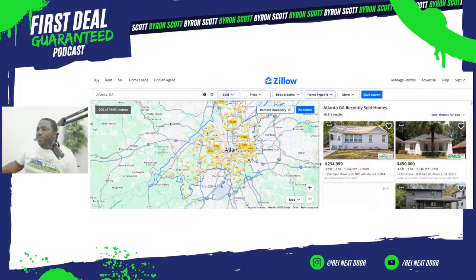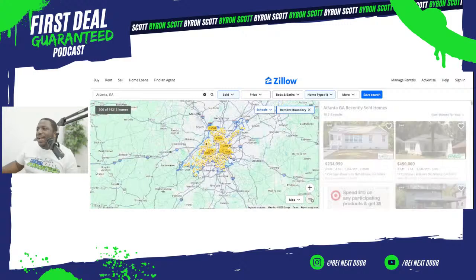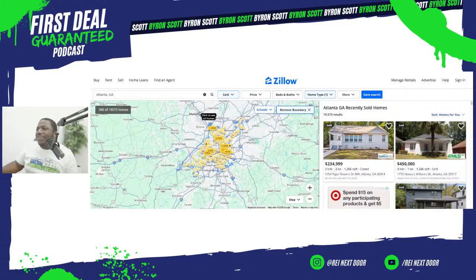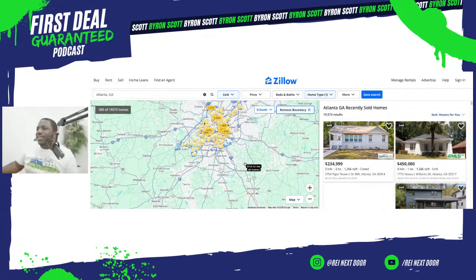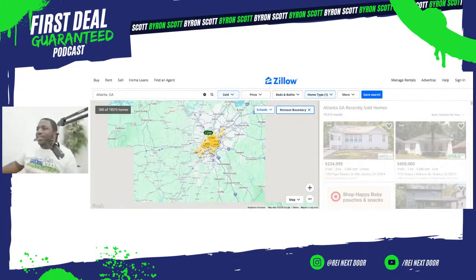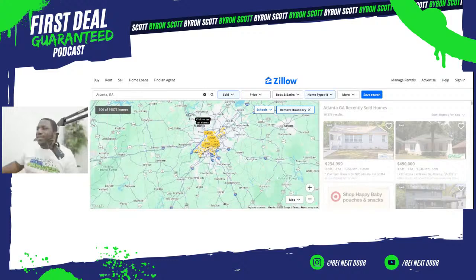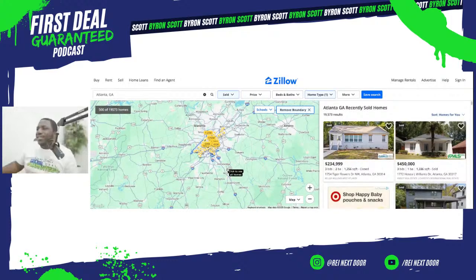So what happens is you have cities that are right along the interstate. They ride along 20, or you have cities that are right along 75, and whatever interstate runs through your town or your city. Most of the places where I've wholesaled properties are somewhere an interstate is right by and running through.